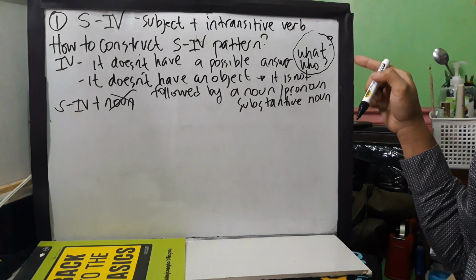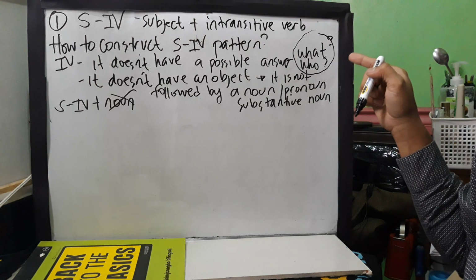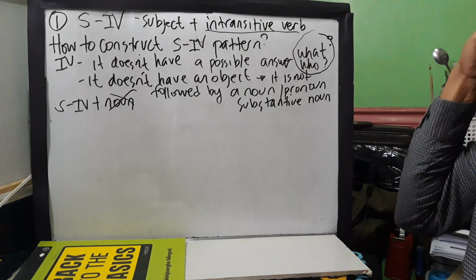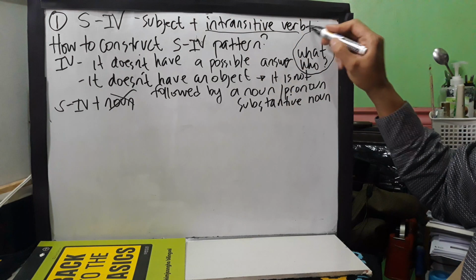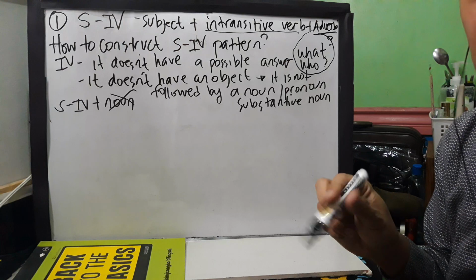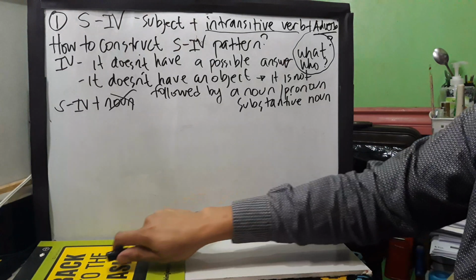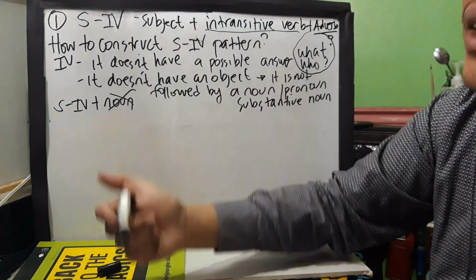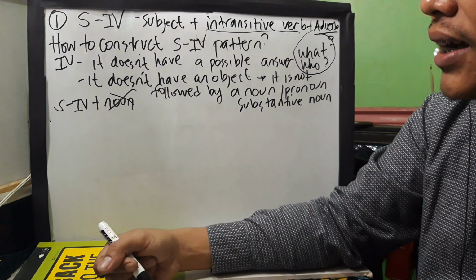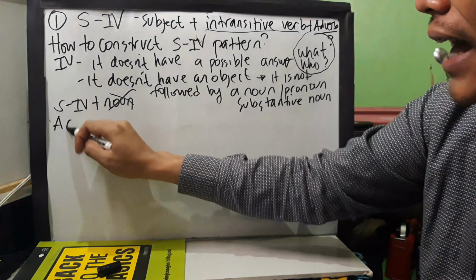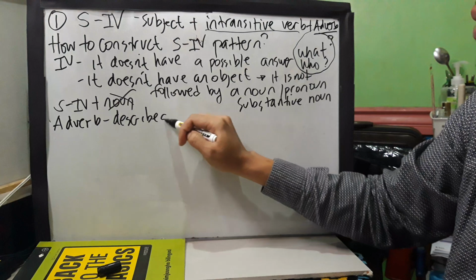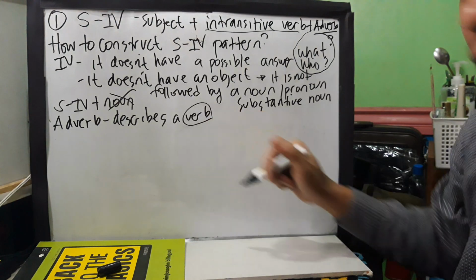So what could we use, teacher, if I use an intransitive verb in my sentence? Then you have to use, guys, your adverb. Why should I put an adverb after an intransitive verb? Going back to the basic functions of the parts of speech, an adverb describes a verb.